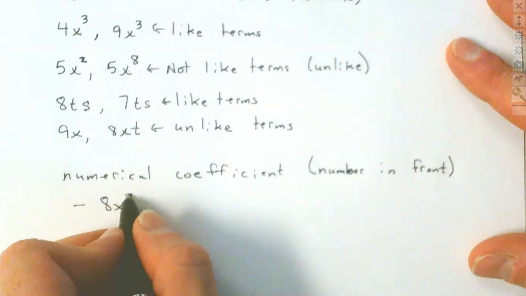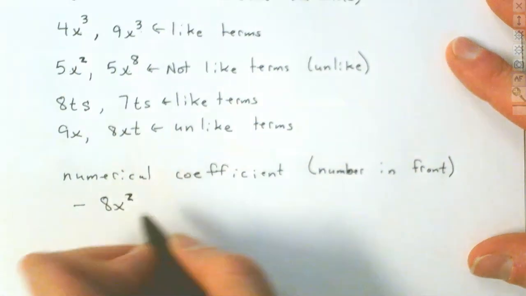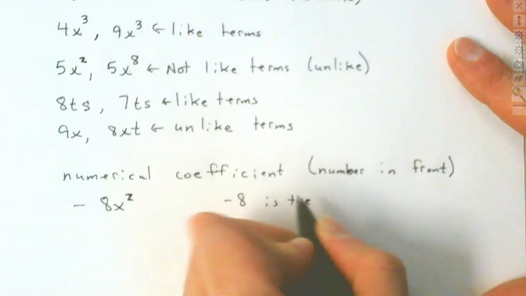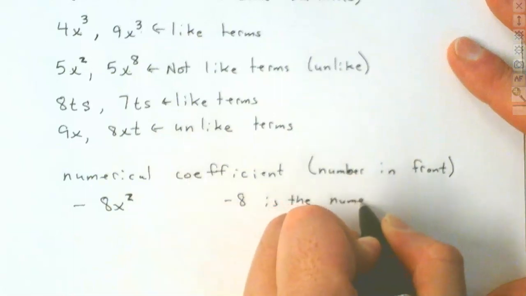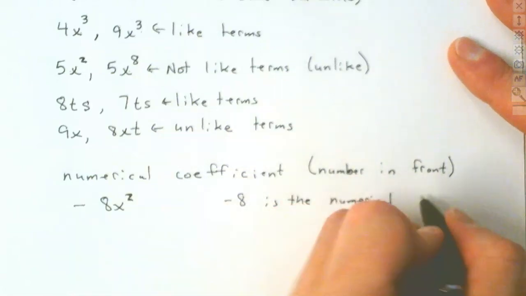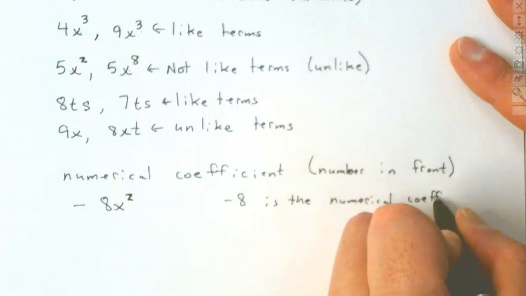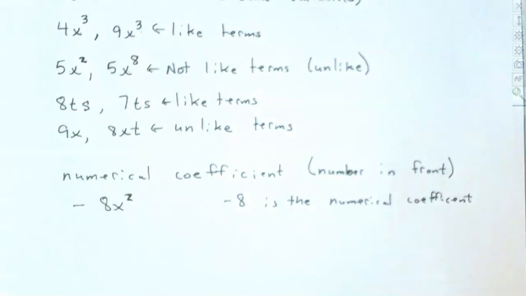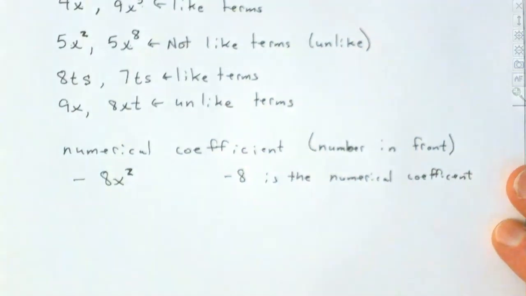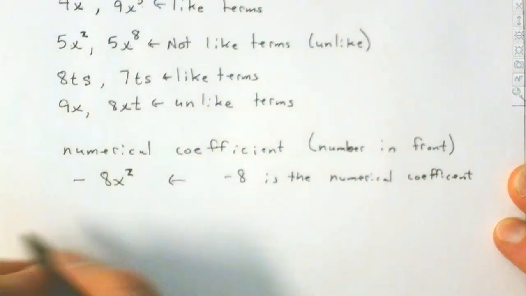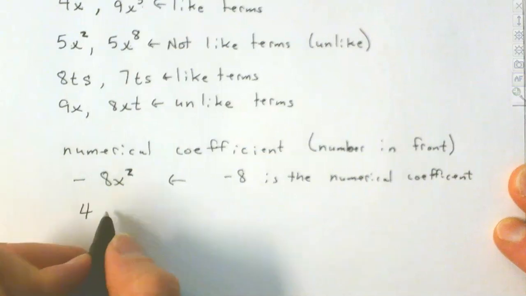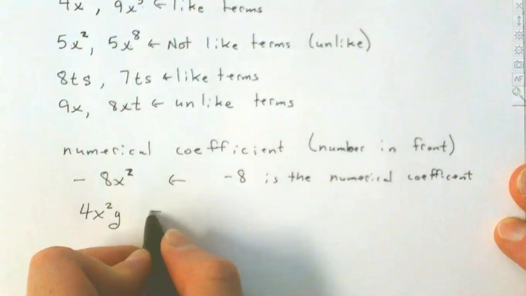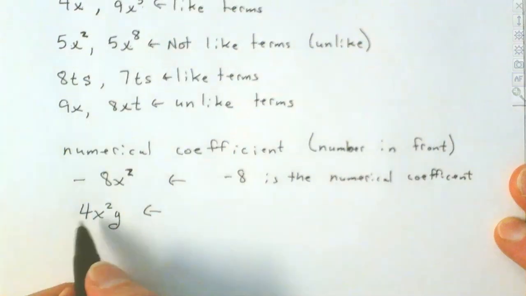So the numerical coefficient of this would be -8. If I gave you, let's say, this one, 4x squared y, what would the numerical coefficient be? 4, the number in front.